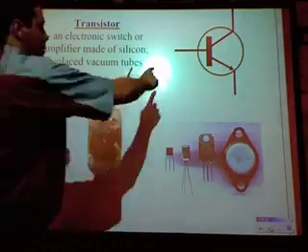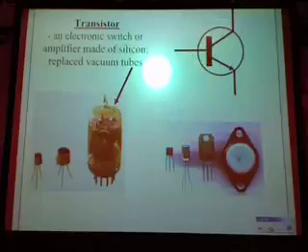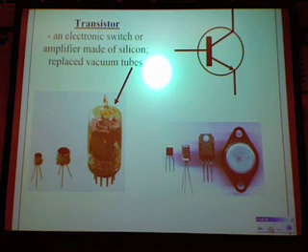You can see it on the symbol. 1, 2, 3. They are often made of that black silicon because there's something that we call a semiconductor. And they have 3 wires. They can be used to switch. They can be used to amplify. You can do a variety of things.